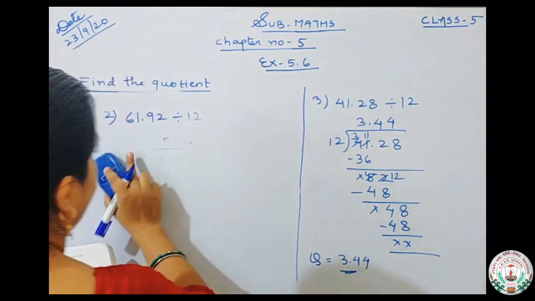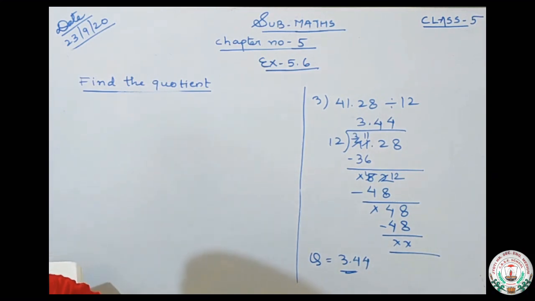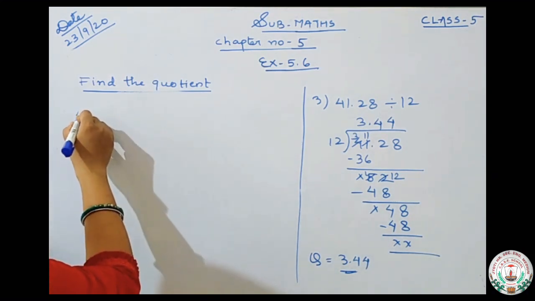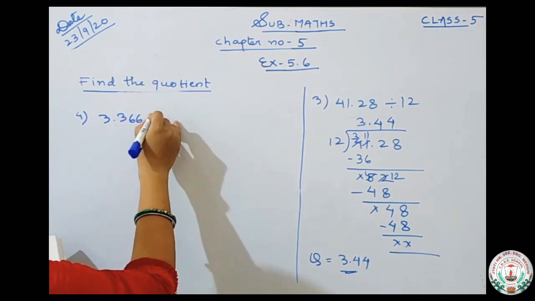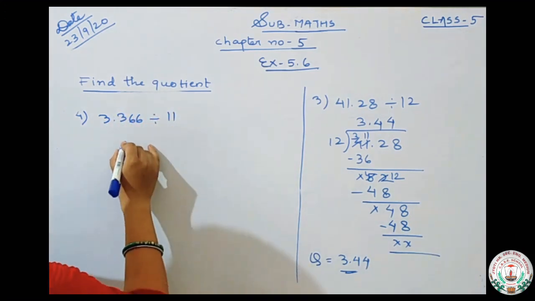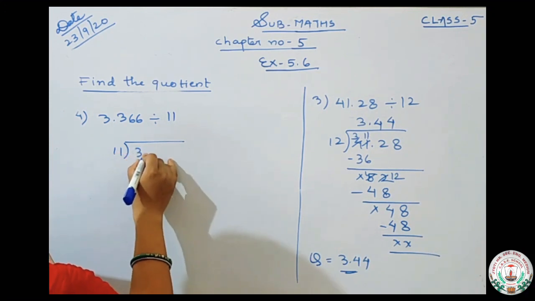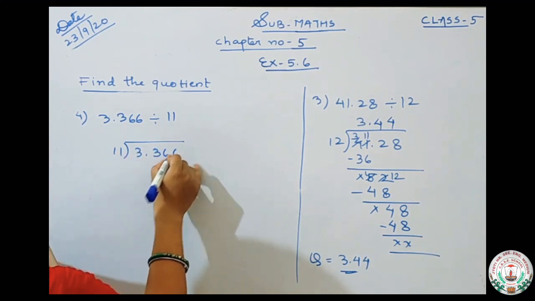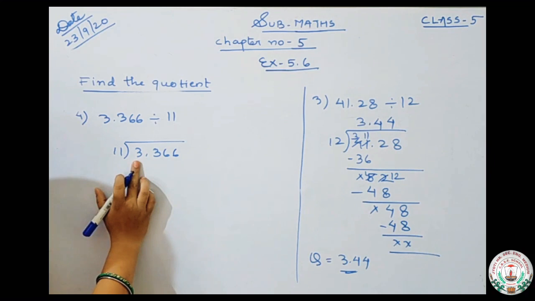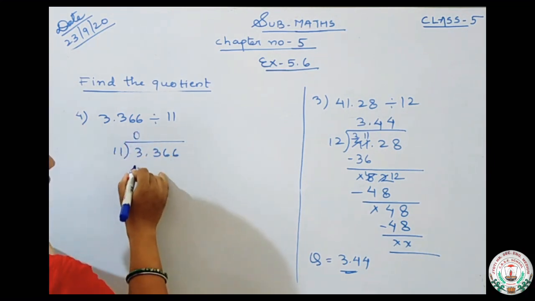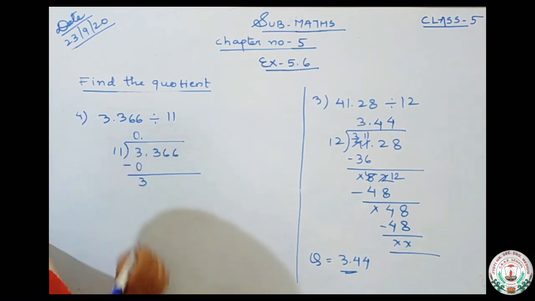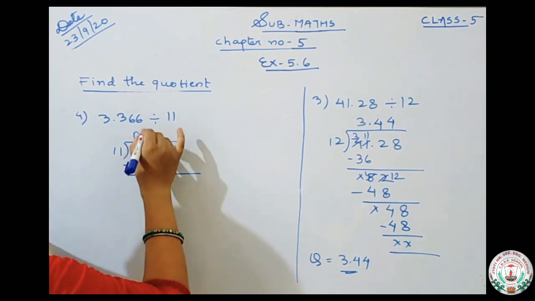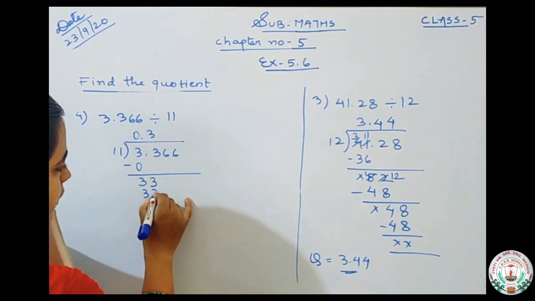After 3, number 4. Number 4 is 3.366 divided with 11. 3.366. In the table of 11, 3 does not come, so we will take 0. Lesser number 3. We will put here decimal 3. 11 3s are 33.